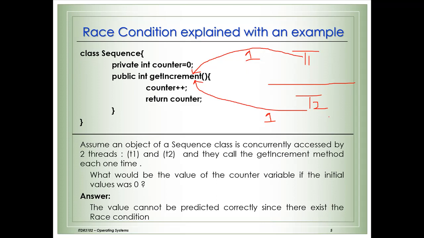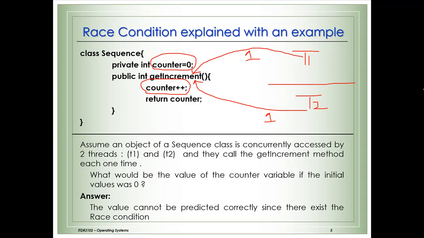What we can understand from this is that T1 and T2 share this data and they try to update this data using this code. When they call this method, through this particular code they update the data.